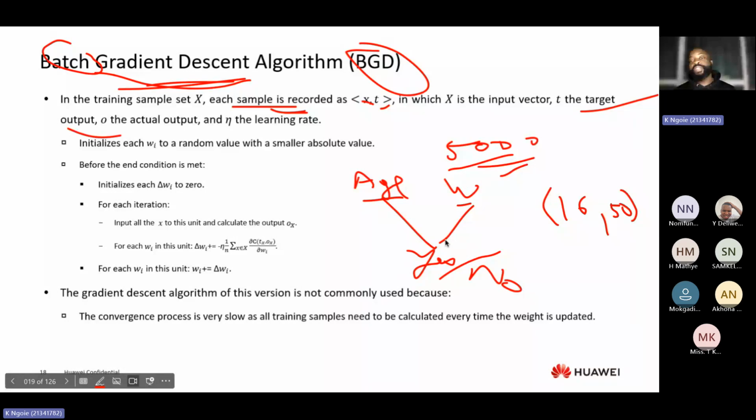And in batch gradient descent, every time we change the weight, now remember, I'm not talking about the weight as this feature here. I'm talking about the weight in machine learning, the weight here. Every time we change the weight, we change it for all the samples at the same time. So in batch gradient descent, we take the whole data set and change the weights at the same time.